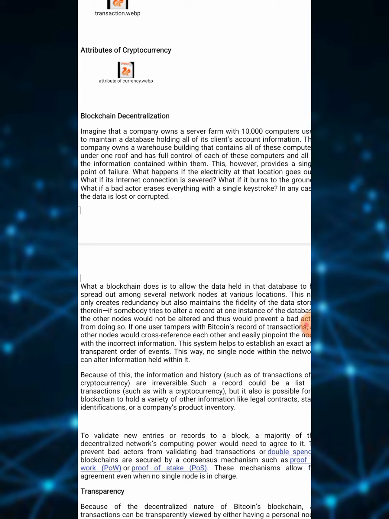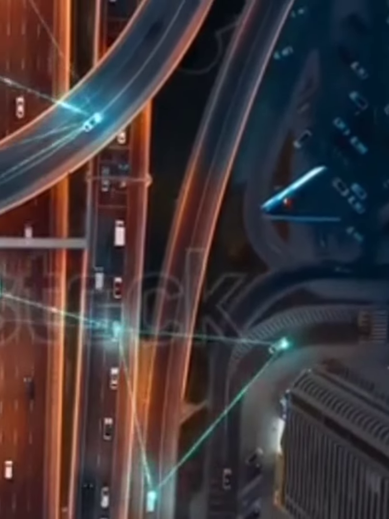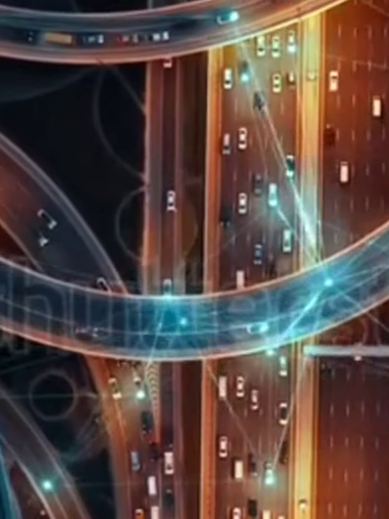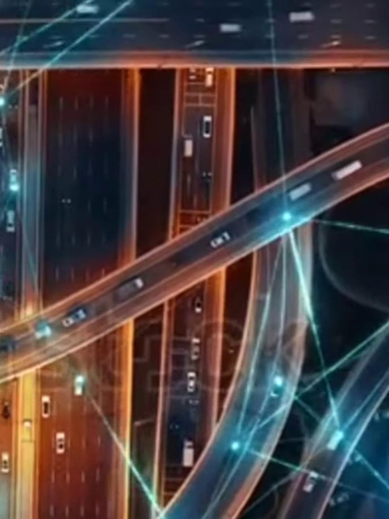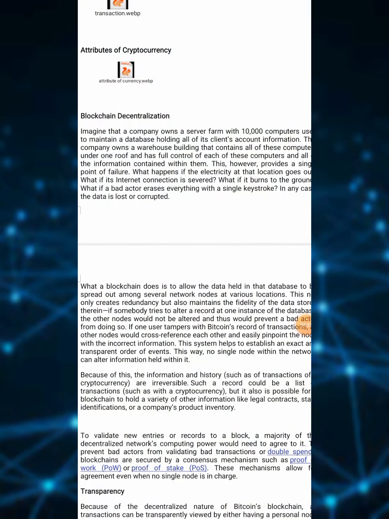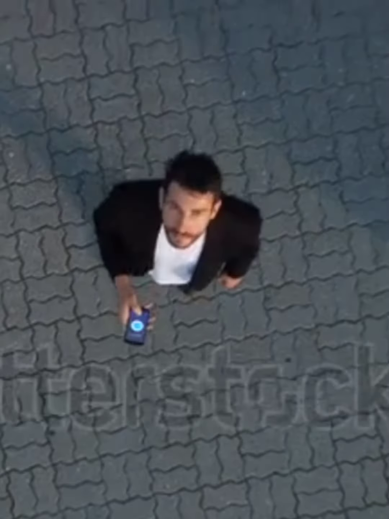That's exactly the reason why transactions within a particular network are spread out between different locations and several nodes. So it's spread out between several locations and stored in several computers.